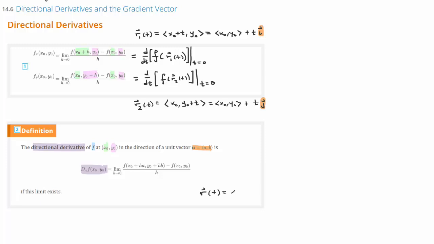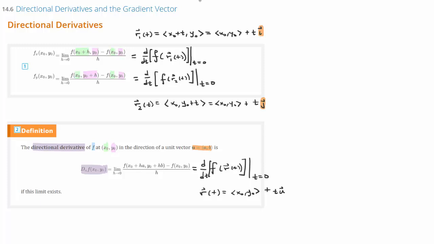The vector function r(t) = (x0, y0) + tu parameterizes the line through (x0, y0) in the direction u. If you compose f and r, you get a function whose values are the value of f along this line. You can then differentiate this function to get the rate of change of f along this line, and then plugging in at t equals 0 gives you the rate of change at the point (x0, y0).